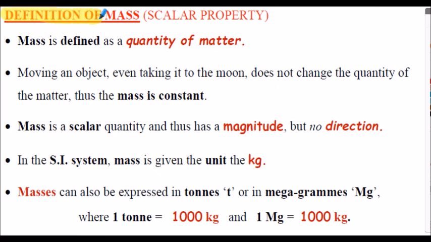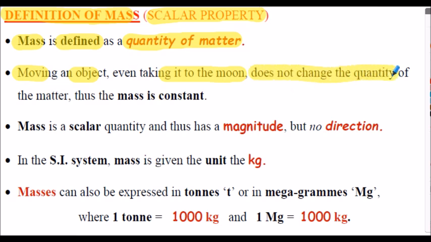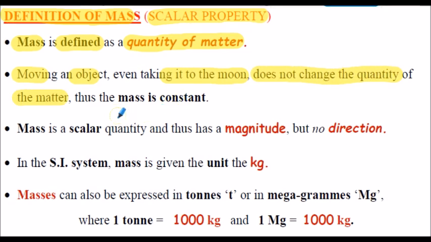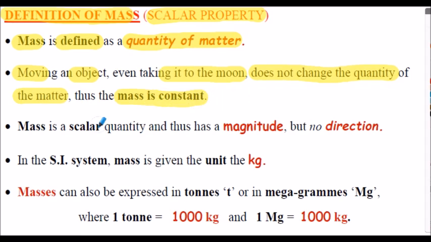Definition of mass, which is a scalar property. So mass is defined as the quantity of matter. If we move an object, even taking it to the moon, it does not change the quantity of matter. So the mass is constant. Mass is a scalar quantity, so it has a magnitude but no direction.